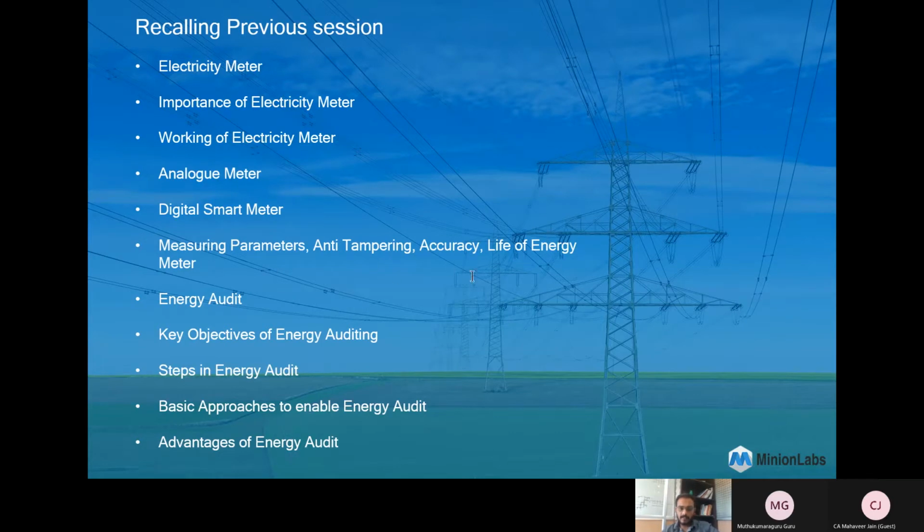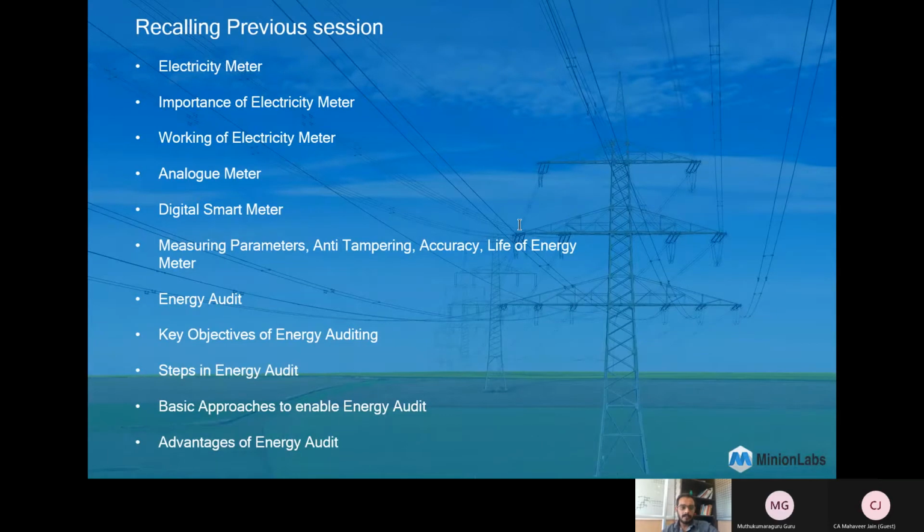We also learned some of the standards, that is IS 13779, the common standard for energy meters. The major parameters of an energy meter are kWh and kVAh. We also learned some features of the electricity meter, like anti-tampering, how to protect it, what the defects are, what the lifespan of the electricity meter is, and so on.